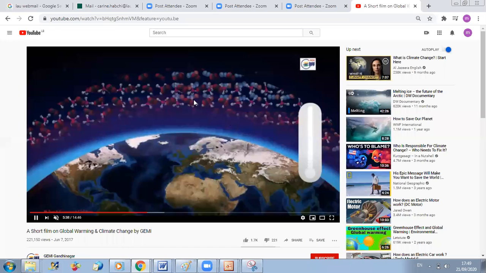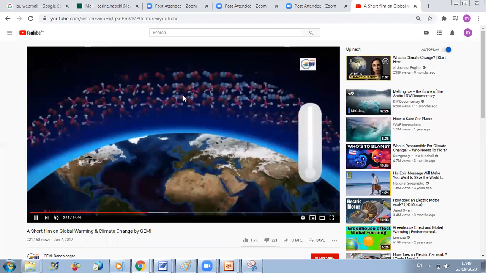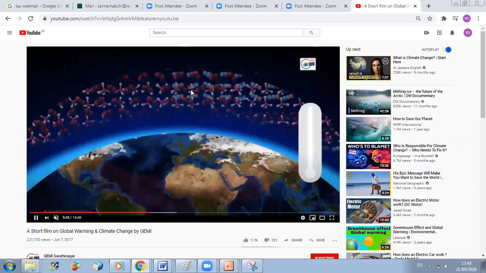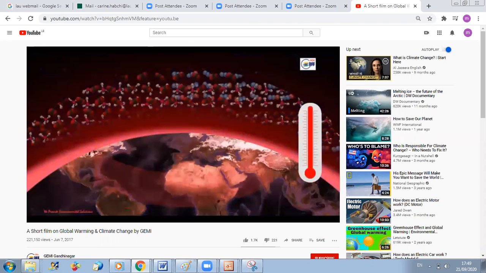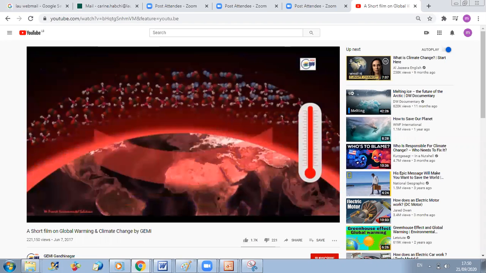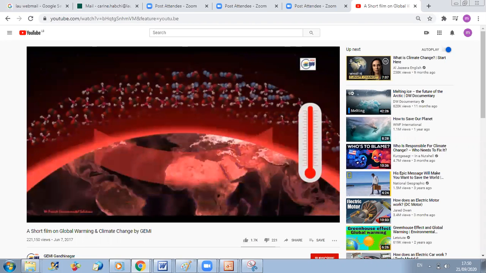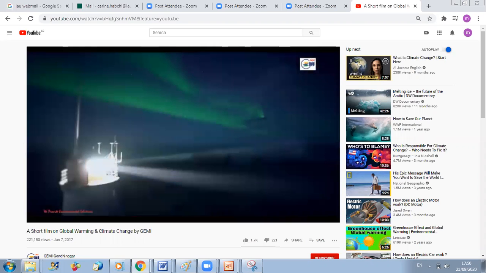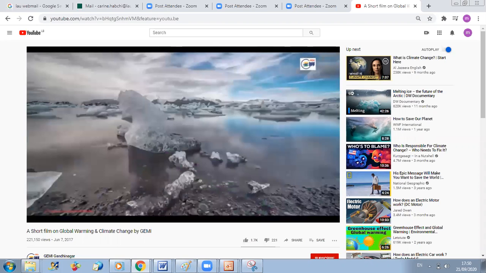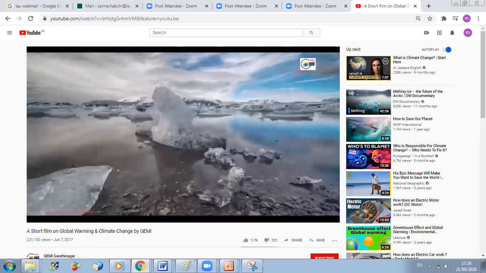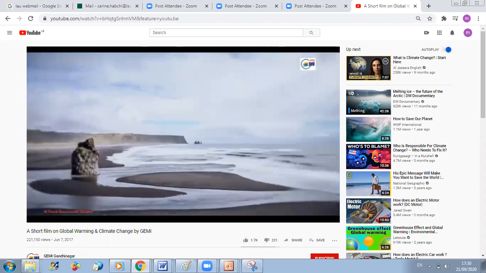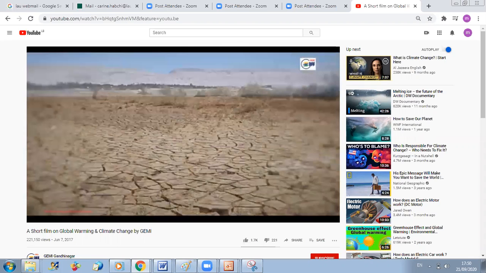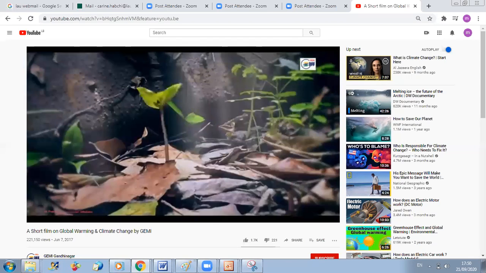We don't want CO2, tracer gases and other greenhouse gases to trap the infrared radiation and emit it back to the Earth, because this will cause a very large rise in temperature. So this is why the percentage of CO2 and greenhouse gases in the atmosphere should always be controlled to avoid bad impacts such as climate change, and you will have ice melting and all the negative effects we have seen before.